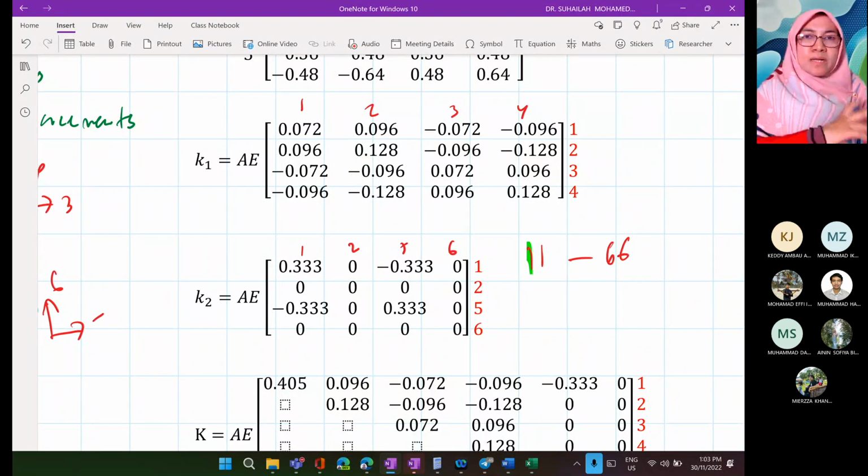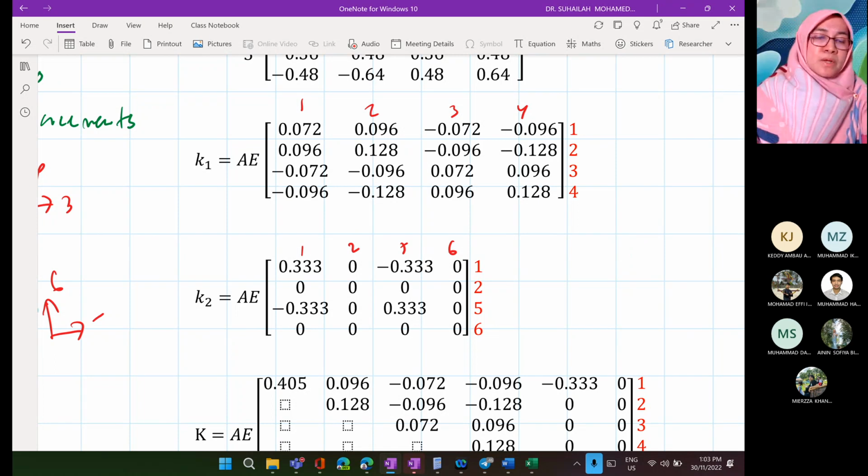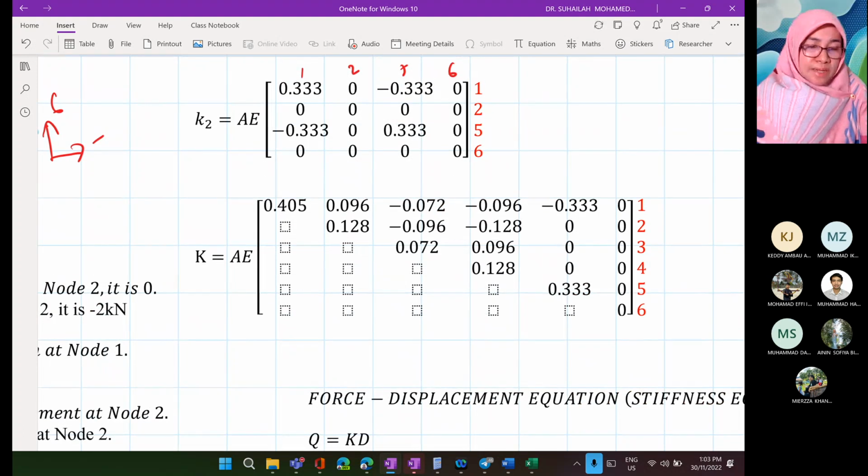We label from near to far, near xy, far xy. That's why we get 1, 2, 3, 4 for element number 1 and 1, 2, 5, 6 for element number 2. We combine K1 and K2 to get the structure stiffness matrix. The structure stiffness matrix will remain in terms of EA or AE, and K for the structure is labeled using a capital letter. For elements, we label using a small letter.